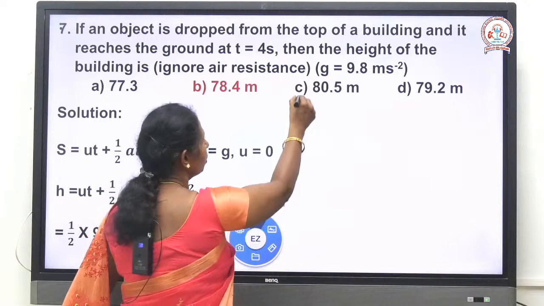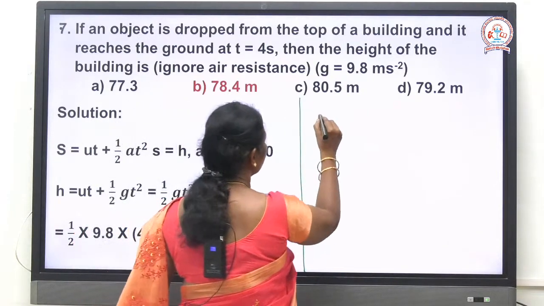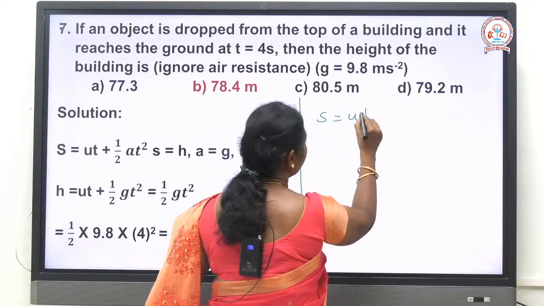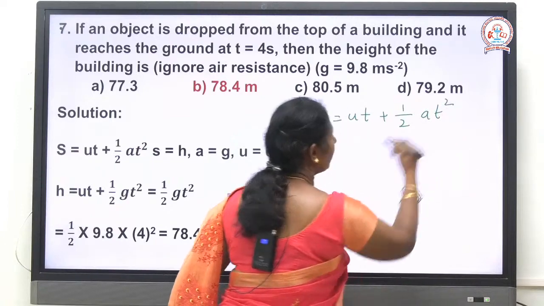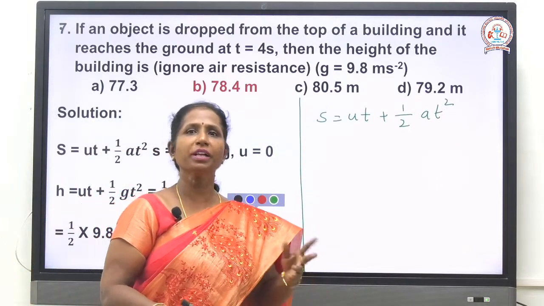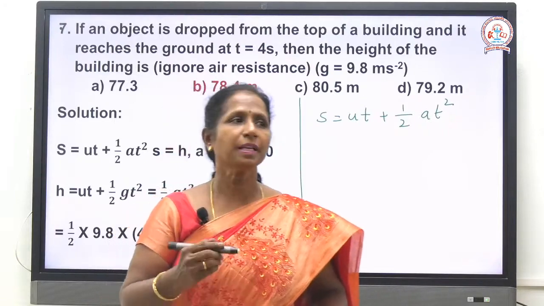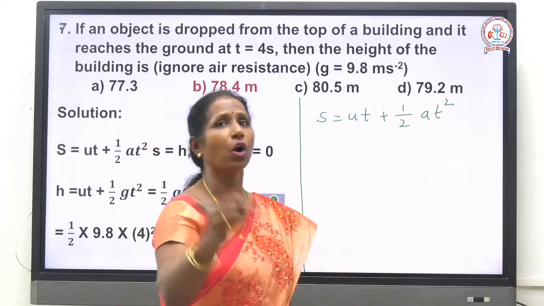Now, we choose s equals ut plus half at square. In this equation, instead of s substitute h, instead of a substitute g, and instead of u substitute 0 because it is dropped.